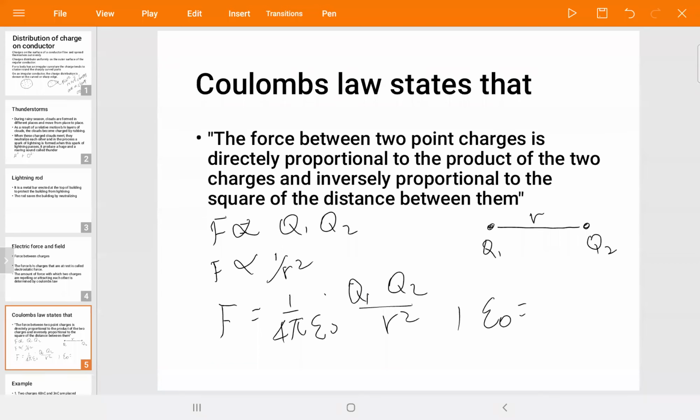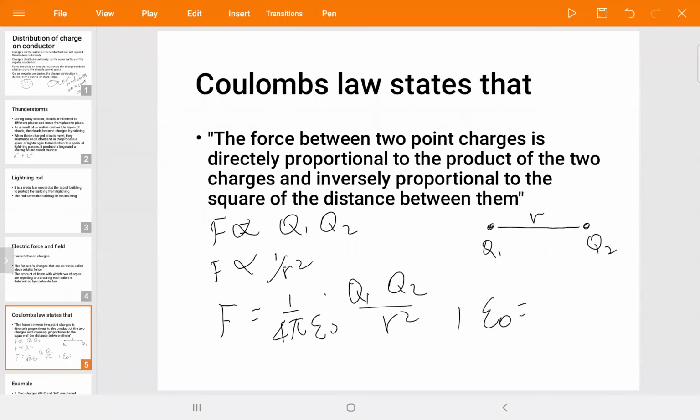Pi is a number, and 4 is a constant number, and epsilon naught is called the permittivity of free space. It tells the tendency of a space to permit a force that exists between two charges, because the charges are placed in a space, and the space has its own permittivity value.